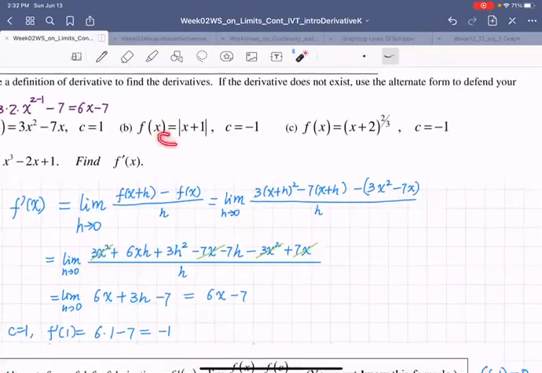Now, for this one, the derivative formula we learned before doesn't apply, so we don't have any formula for this one. Watch out. Even though this looks so complicated, we still can get the derivative in 1 second.